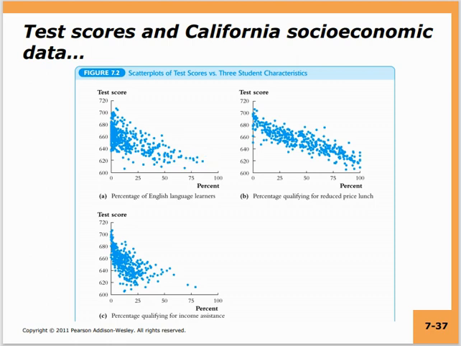Then again, if you look at percentage qualifying for reduced price lunch, a higher number of students are qualifying for reduced price lunch. So these are probably coming from low income households. And again, as we can see, as the income of the households becomes lower and lower, their test scores may dip.